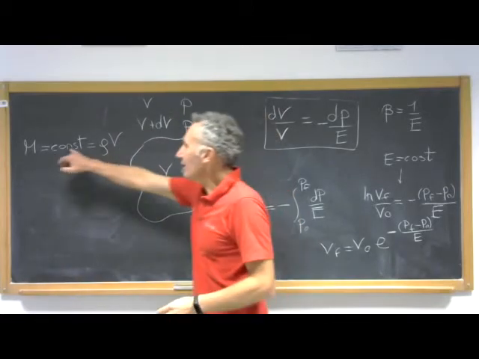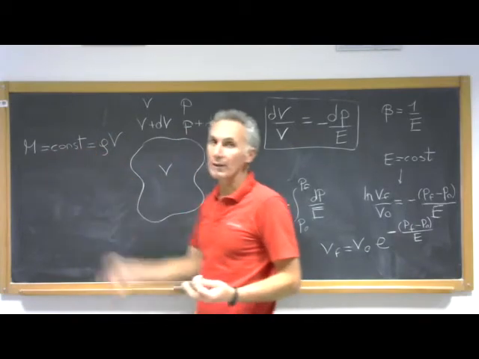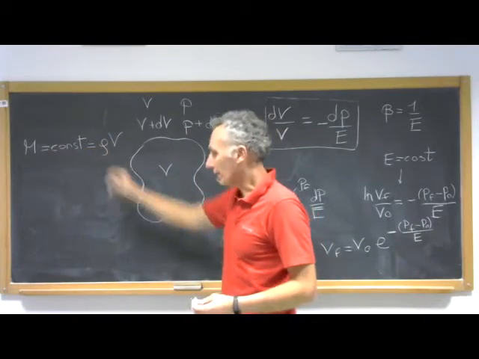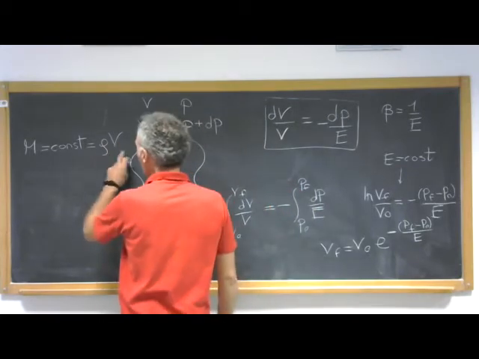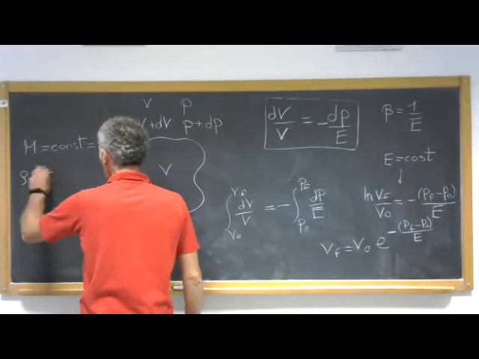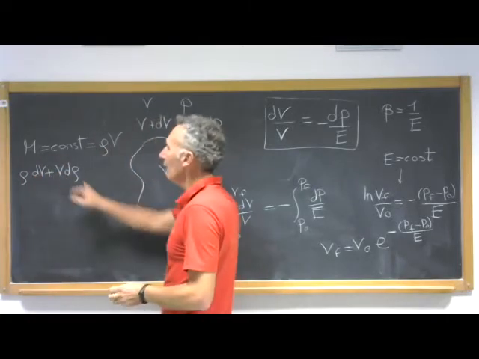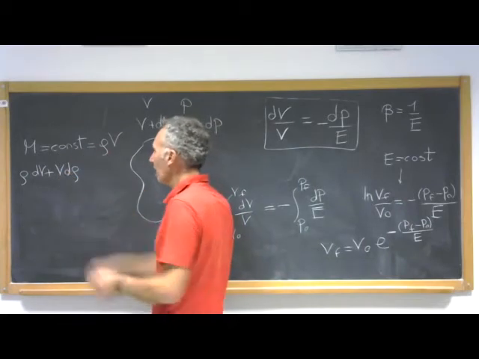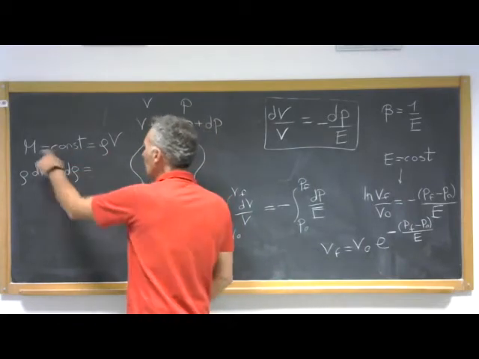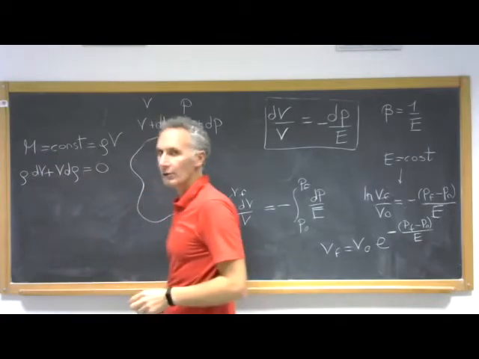Now, if this is a constant, if I differentiate, the differential of a constant is 0. And this is a product. So, what I can write is rho dV plus V d rho, and this is the differential of a product function. This must be equal to the differential of mass, which being constant has 0 variation.